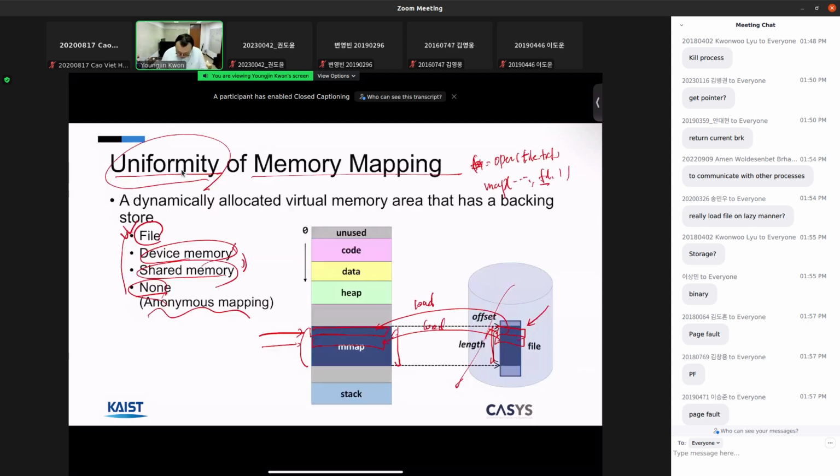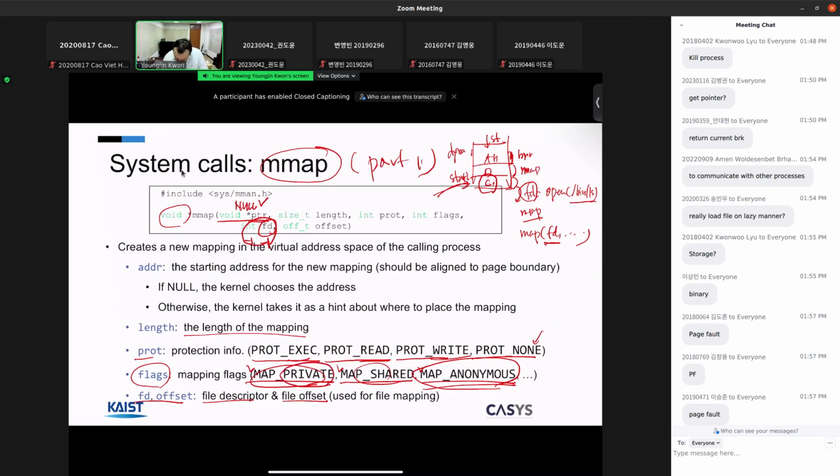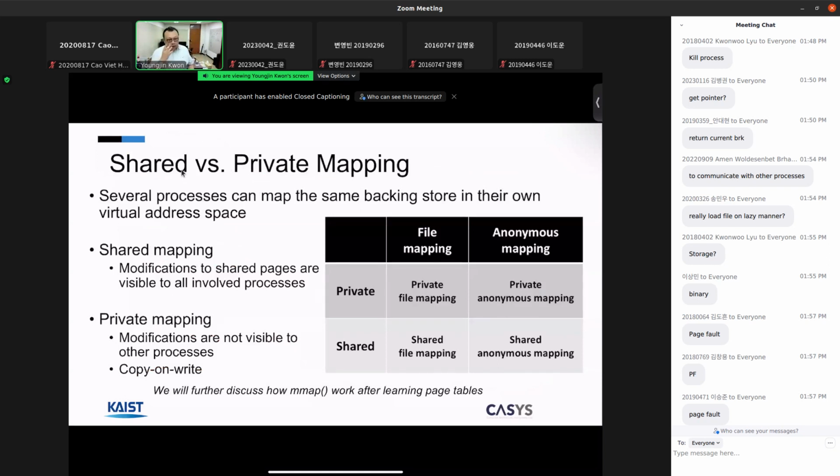All right. The other thing in the mmap interface is private and shared. The private concept and shared concept are different. In shared, multiple processes can map the same backing store in their own virtual address space. Here is an illustration. This is storage, this is a file, this is physical memory, and this is virtual memory.